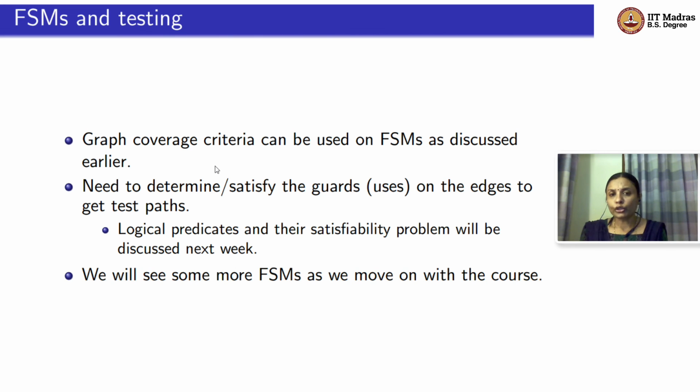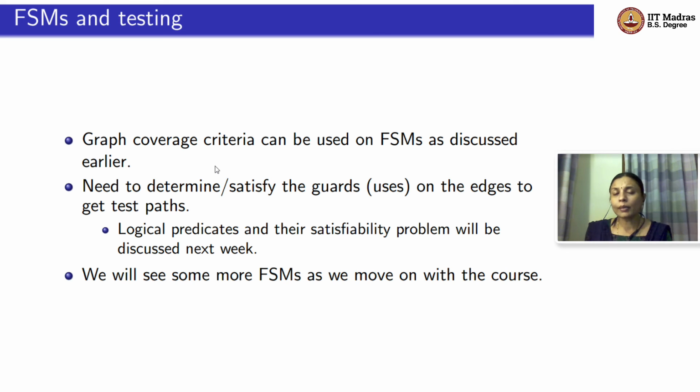So as I told you, graph criteria that we saw can be used on FSMs. I can do state coverage, transition coverage, covering pairs of transitions, data flow coverage criteria, everything. The only thing is, state machines can have guards or conditions on transitions or preconditions on the edges. So you can't simply do node coverage or edge coverage. You might have to check whether the guard is true, and if it is true, then the edge can be taken.